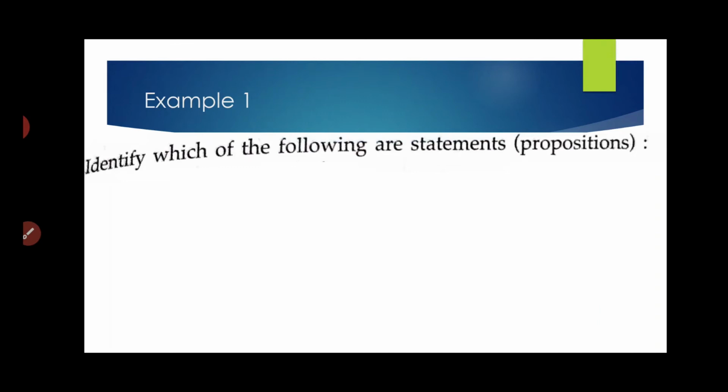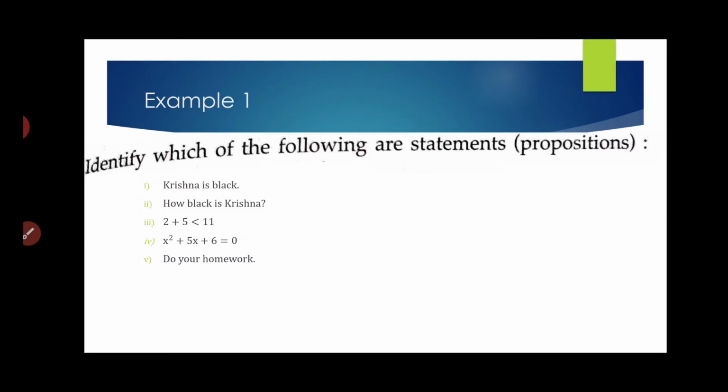Now, as sir has explained, that proposition or statement means that it should be declarative in nature. That is, it must have two answers to it, either yes or no, or true or false. So let us have the set of questions that we have.